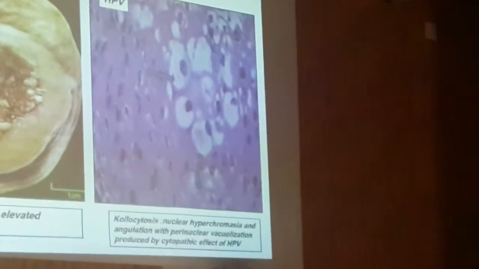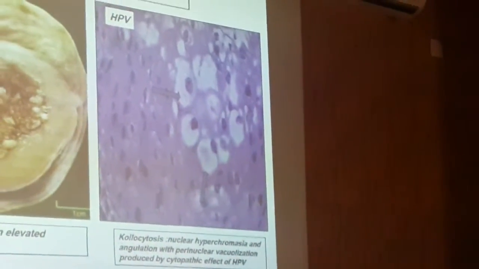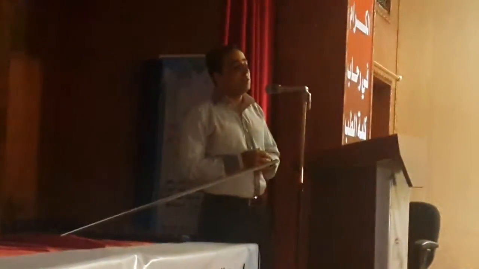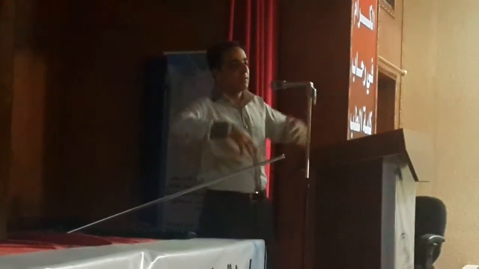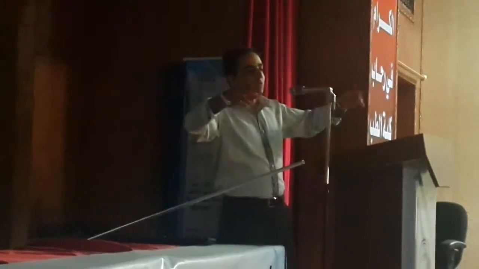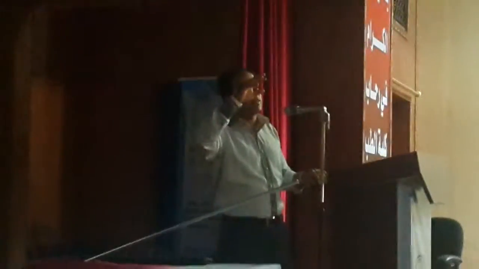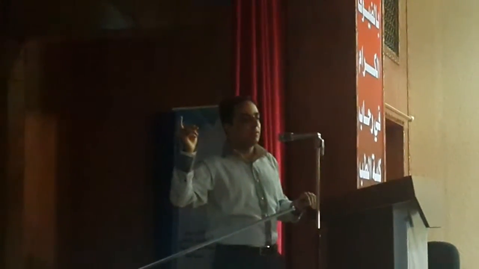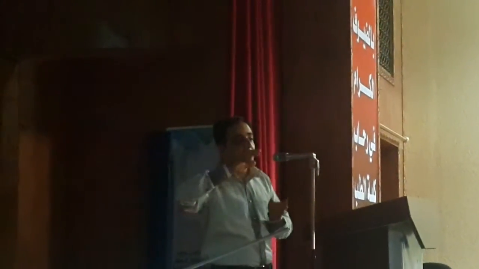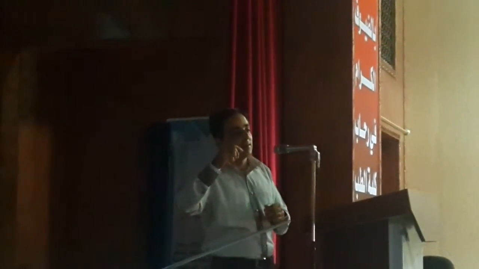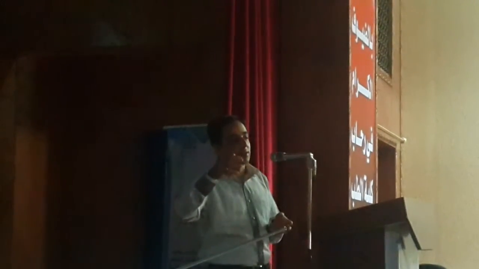So nuclear hyperchromasia with angulation and perinuclear vacuolation is produced by the cytopathic effect of the HPV. It means that when HPV divides inside the cell, it will cause destruction of the cell. Cytopathic means destruction. This is what you will see microscopically.